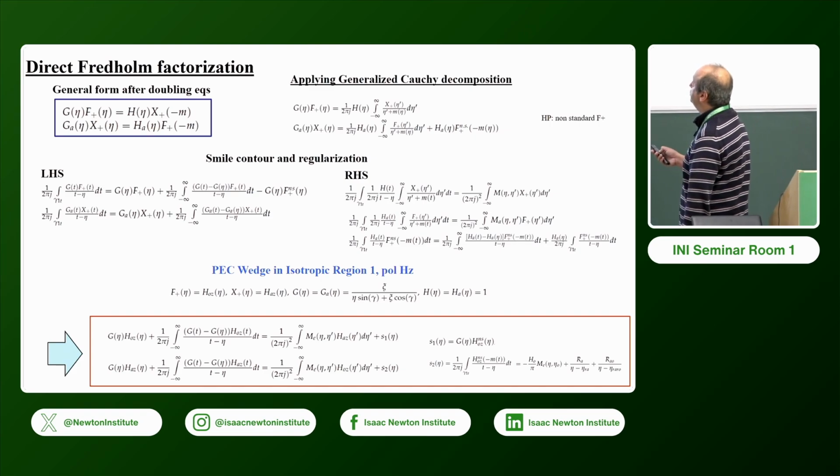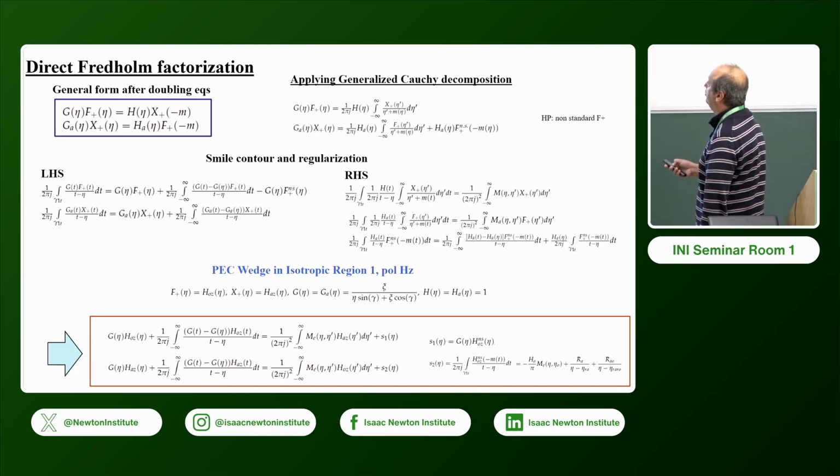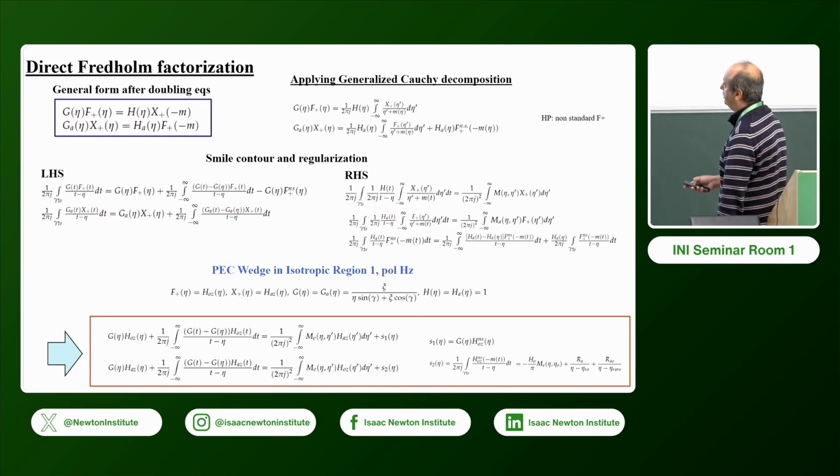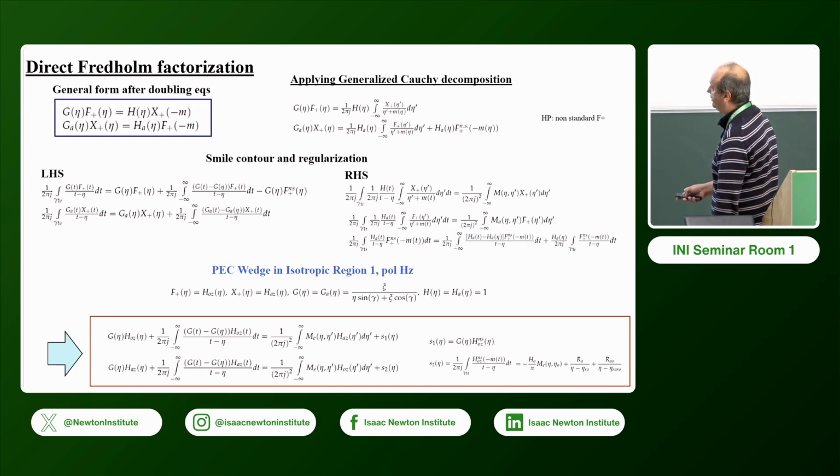We apply the Cauchy decomposition formula, so we represent the M dependence in these terms. We apply the Smile contour and some trick for regularization here. And in the case of perfect electric conducting wedge, isotropic region 1, looking only at EZ polarization, you have this definition of all terms of the equations. And finally, you get this kind of equation.